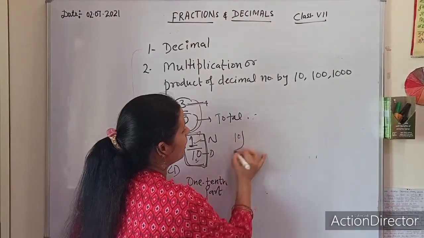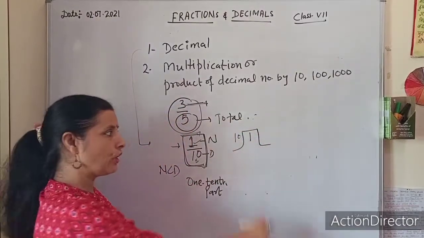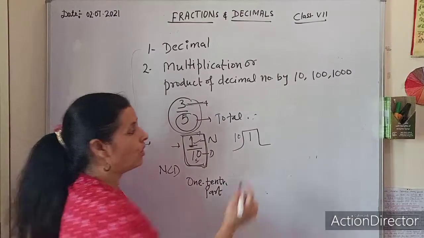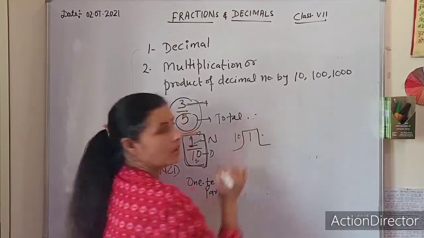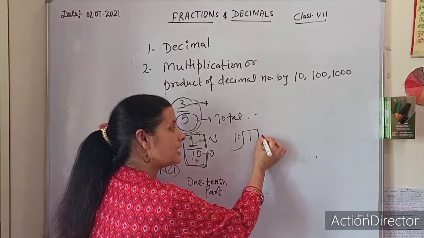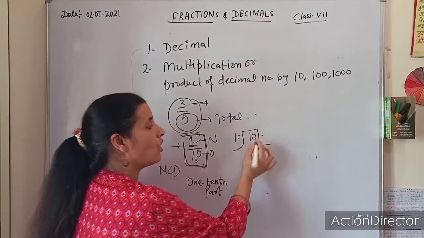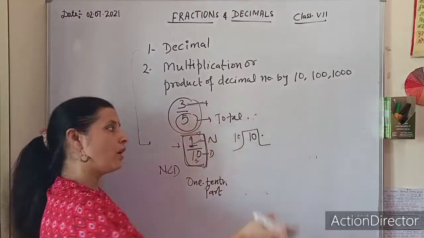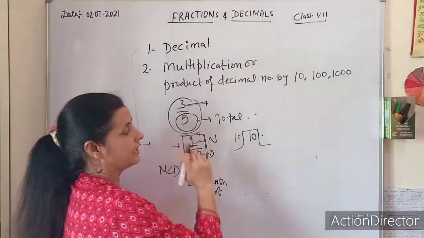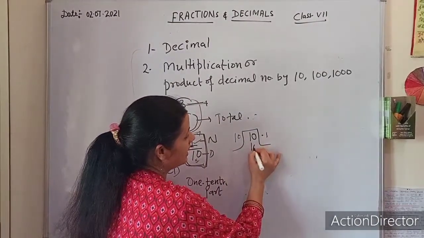So here I am going to divide 1 by 10. It is not possible to divide 1 by 10, so what will we do? We will place a decimal here. Once we place a decimal, it adds a 0 on the right hand side of the given digit. So 10 ones are 10.